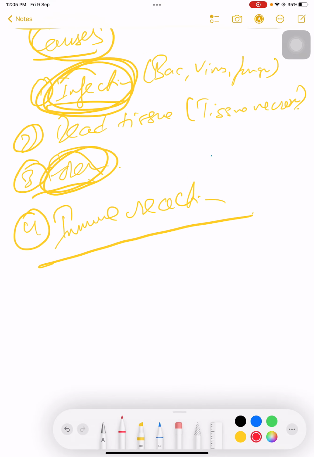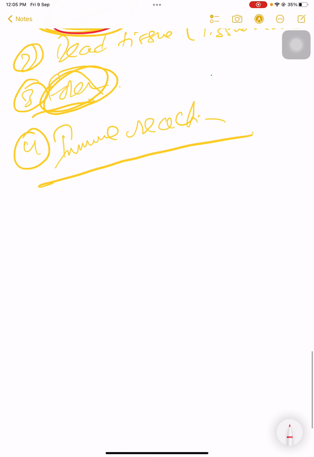Remember, the very first point we're talking about is infection. Any bacteria, any viruses, suppose this is your bacteria, and this is your virus, a bit bigger one. Now this comes to your body, but only a component of it is recognized, and this is known as PAMPs. What is this?